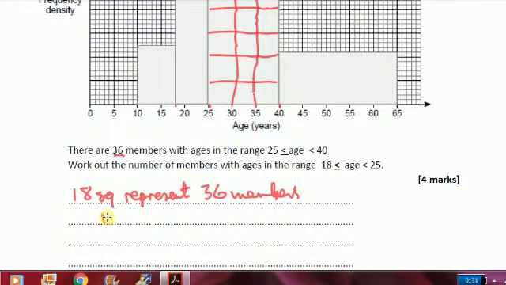So one square must represent 2 members. So if that's the case, now we look at our other range from 18 to 25.